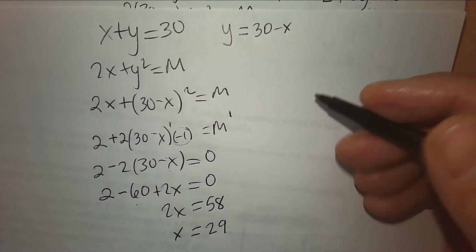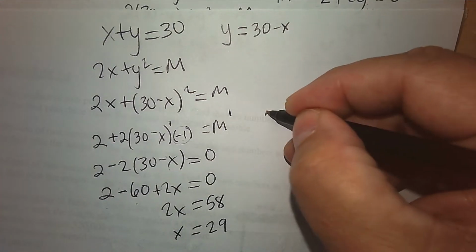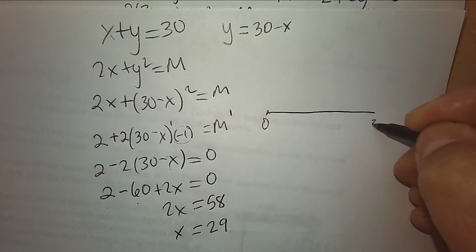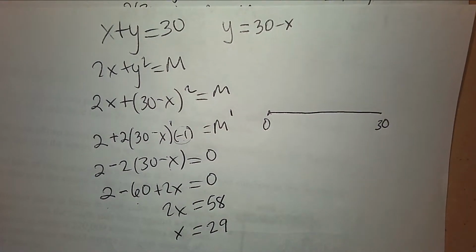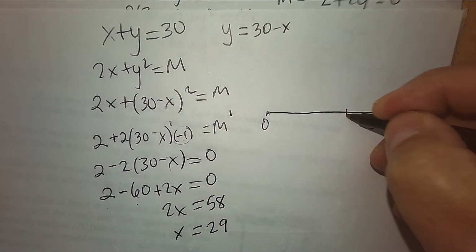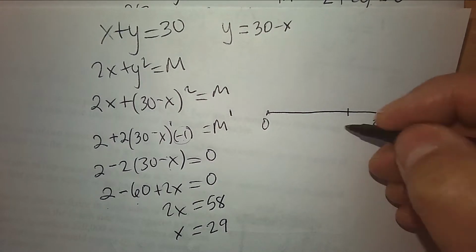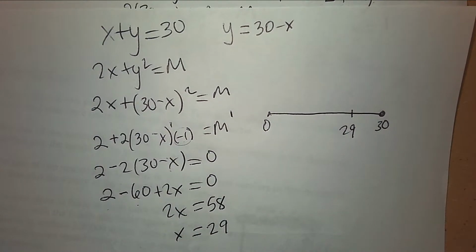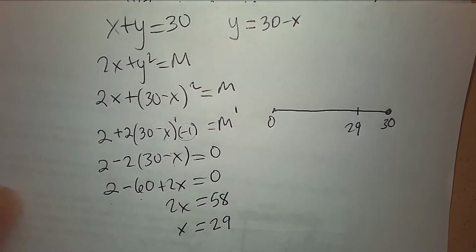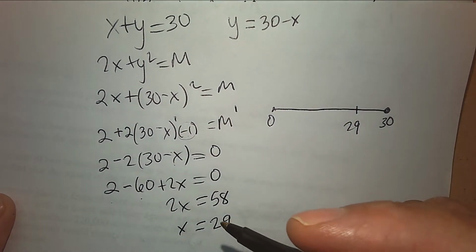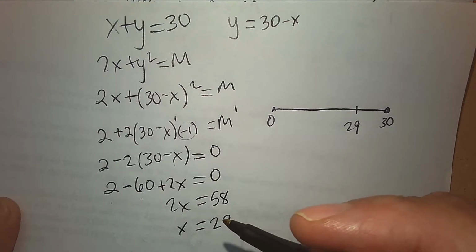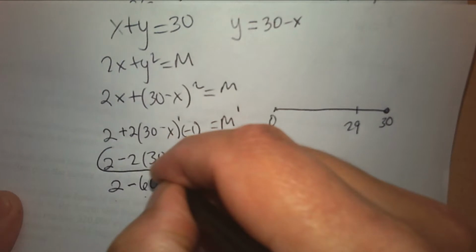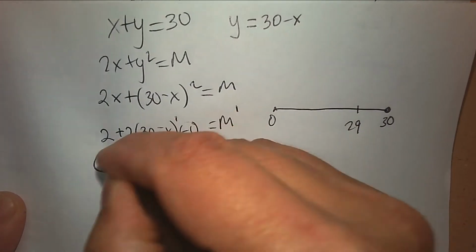Okay, guess what? X, the domain again goes from 0 to 30, but what are we testing out? Now, do you remember where the derivative is again? We can still use this one right here, or even this one right here.